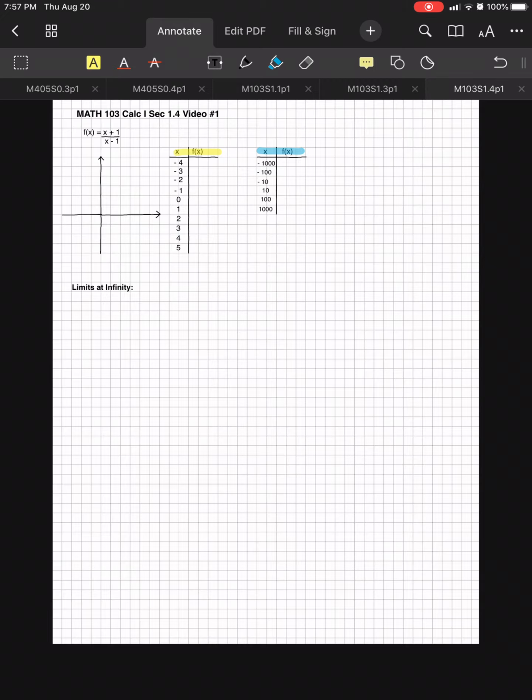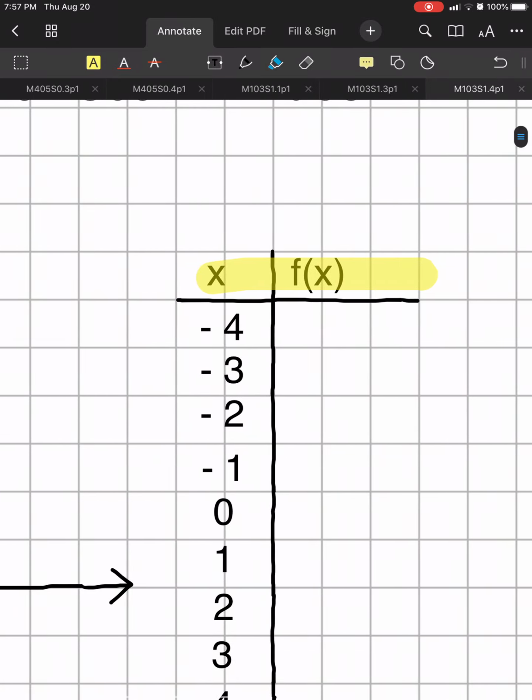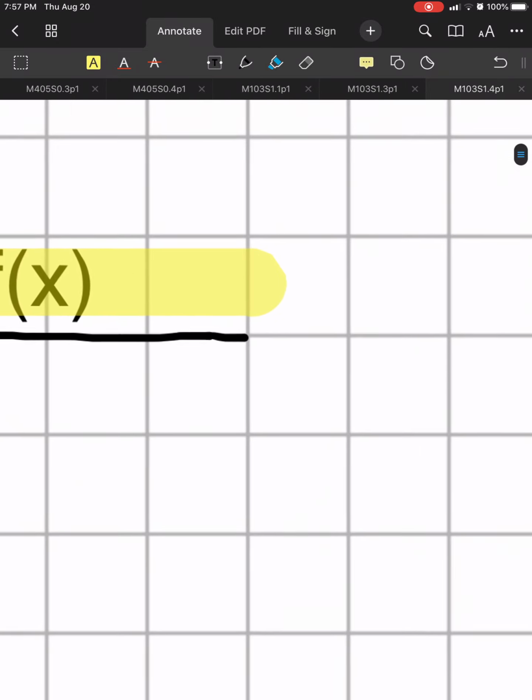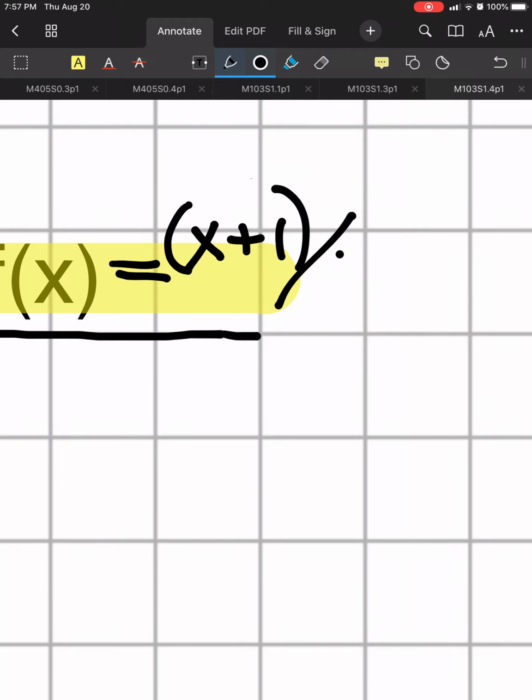Okay, if you're all back, we can go ahead and finish this up. Let me write the function out here so I've got it in front of me: x plus 1 over x minus 1.